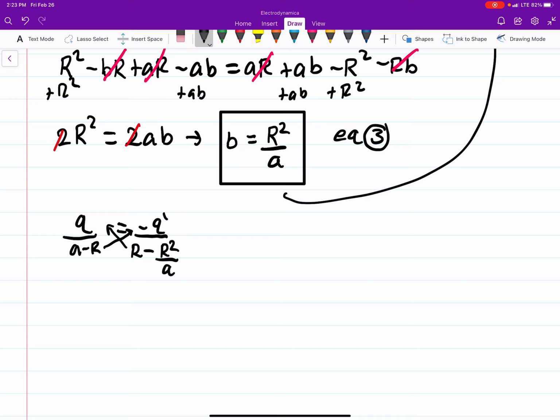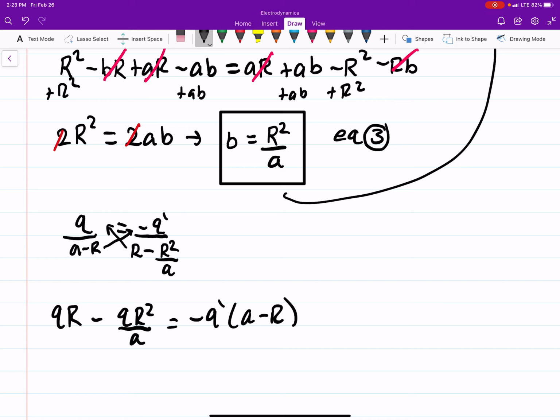We're going to get QR, Q times R, minus QR squared over A equals minus Q prime A minus R. Okay. So that's what we have there.